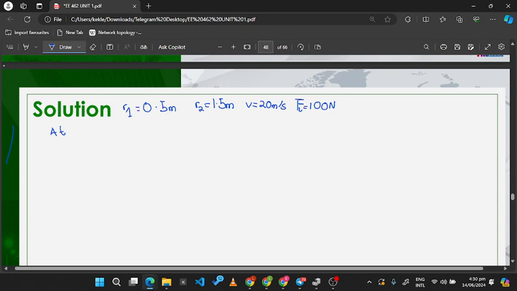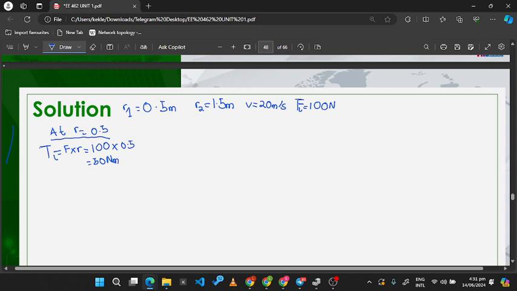Okay, so let's go. At R equals 0.5, we have our torque. Torque is given by force times the radius. So our torque will be 100 multiplied by our radius 0.5, which gives us 50 Newton meters.